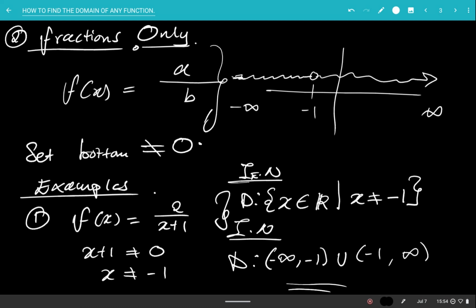And this will be the domain for that function. So all possible x values that will make the function defined will come from negative infinity to minus 1, not including minus 1, as you can see, then from minus 1 to positive infinity. Let's look at another example.